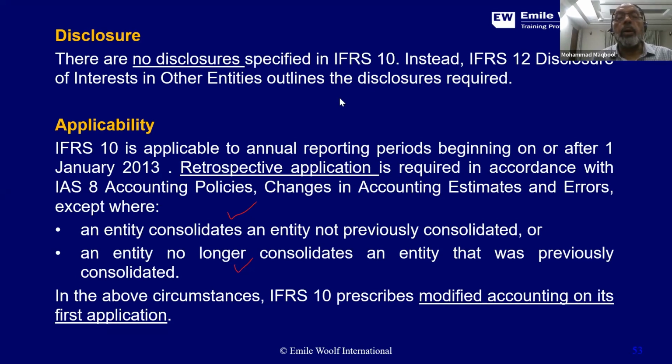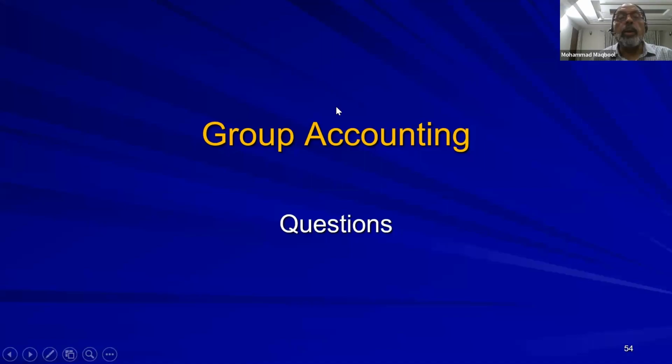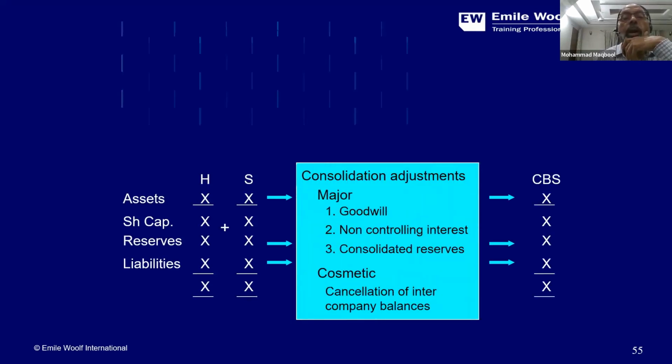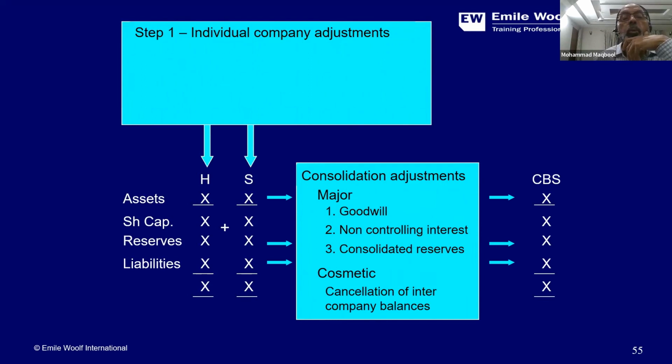Here now, let's say, group accounting. Remember, I showed you this slide when I was looking at my last thing. There are two balance sheets, H and S, their own balance sheets, and now we want to apply the consolidation. There are certain individual company adjustments you have to make.